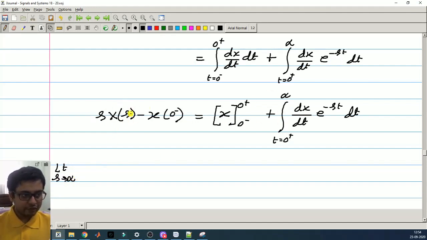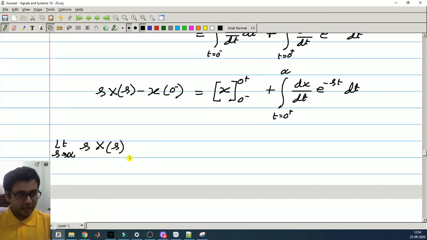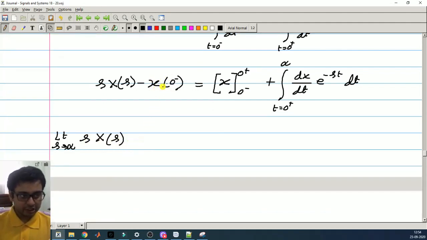Then this left side will become s capital Xs, and this term does not depend on s, so let me write it as it is.